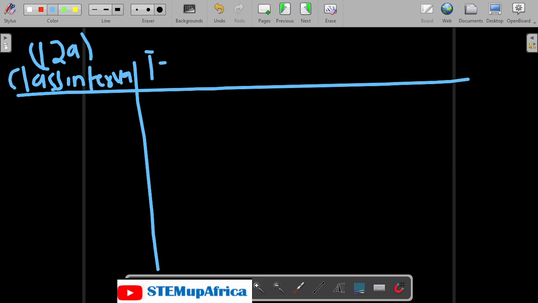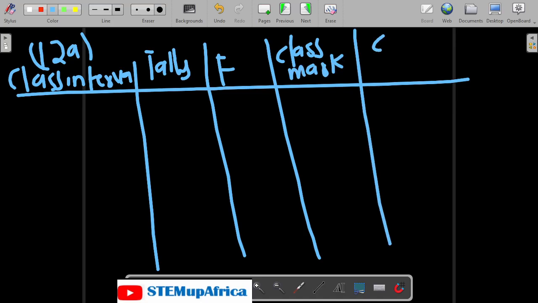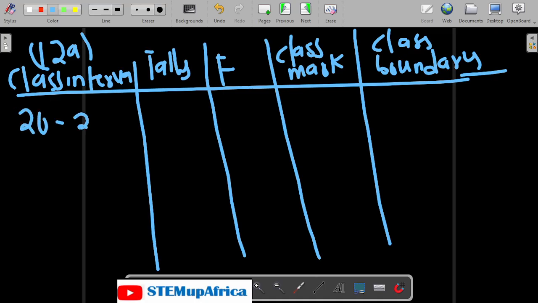Let's say this one's our tally, frequency, and class mark. Class mark also includes class boundary, because we include class boundary. So we are starting from 20 to 29.